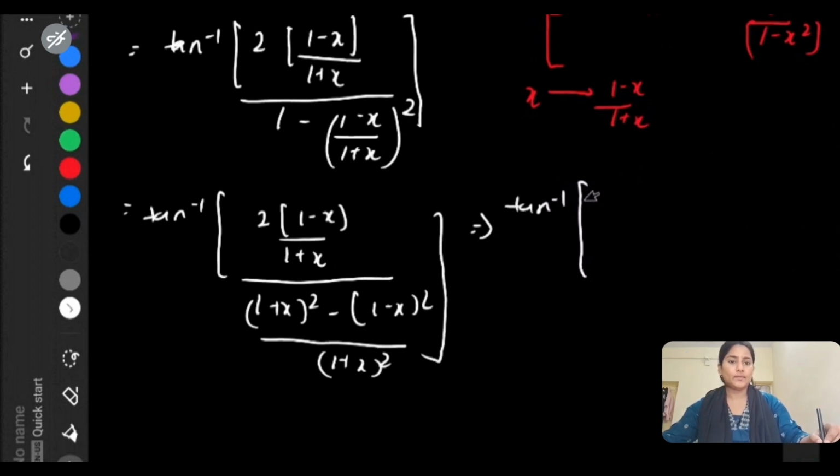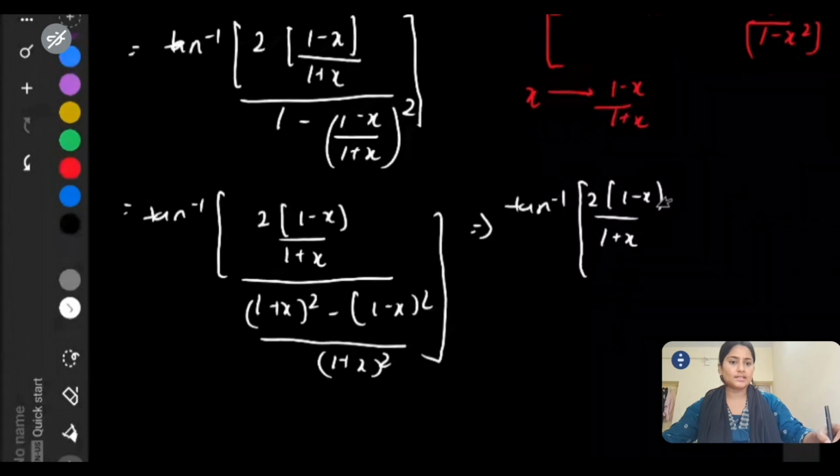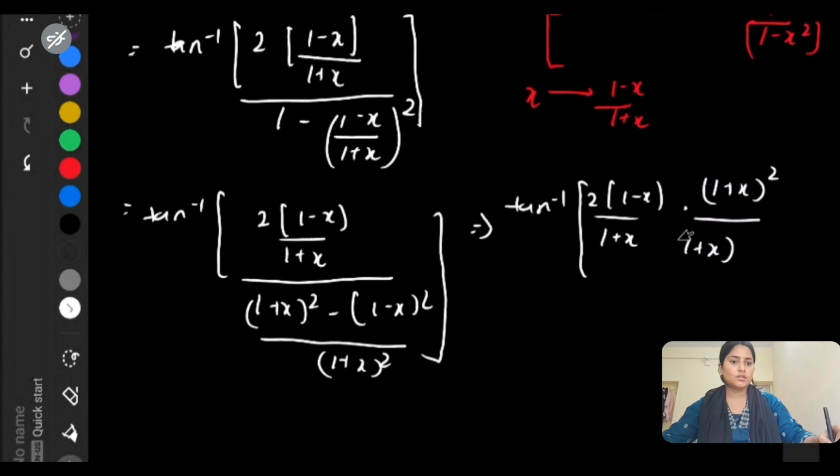So 2 into (1 minus x upon 1 plus x) into, we'll shift this denominator upward, (1 plus x) whole square upon (1 plus x) whole square minus (1 minus x) whole square.